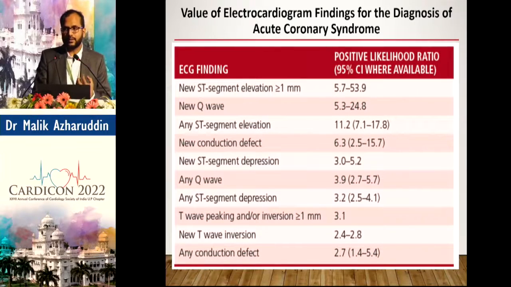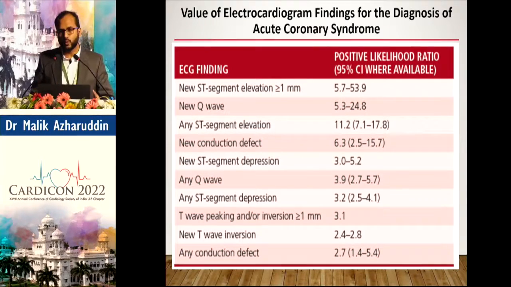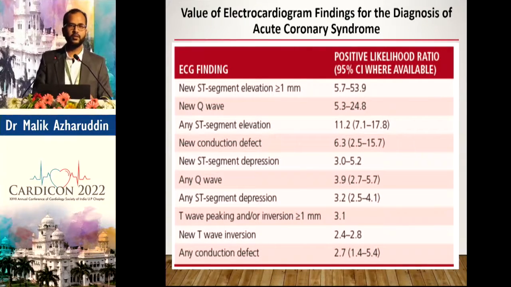Now coming to the ECG part. When we say non-diagnostic, what we have been doing is looking for ST elevation, because we have been using ST elevation as a surrogate marker of acute coronary occlusion. We have not been chasing ST elevation per se, we have been chasing type 1 MIs, acute coronary occlusion.